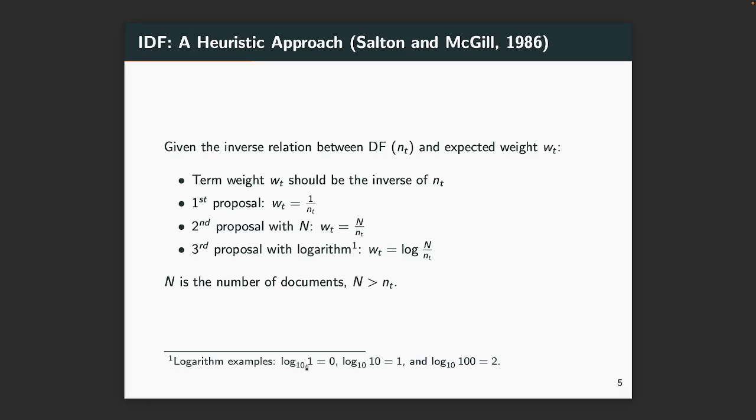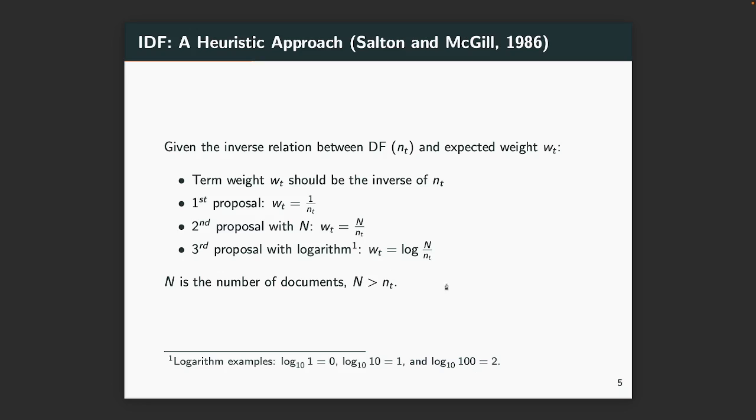The difference between 1, 10, and 100 will be reduced to the difference between 0, 1, and 2. So this serves the purpose of dampening the difference of those weights. And so the third proposal is actually the functional form of IDF, or inverse document frequency.